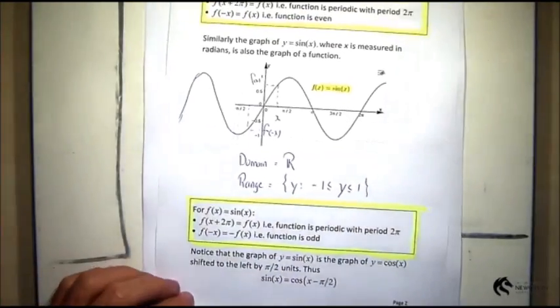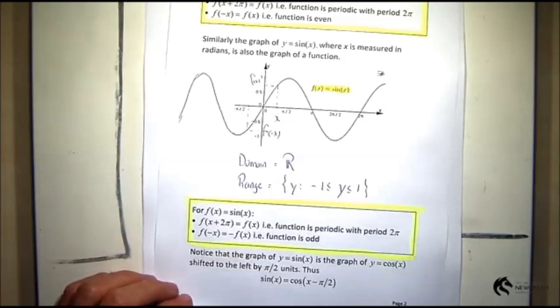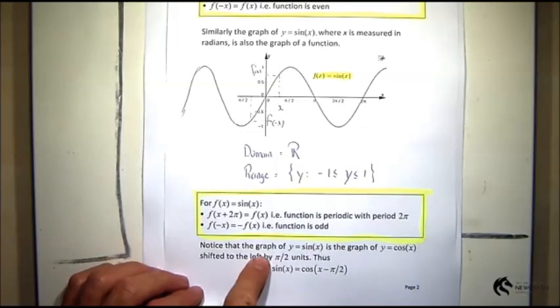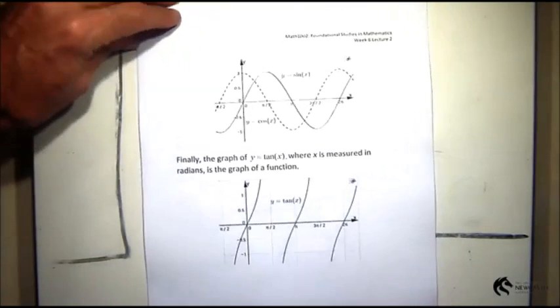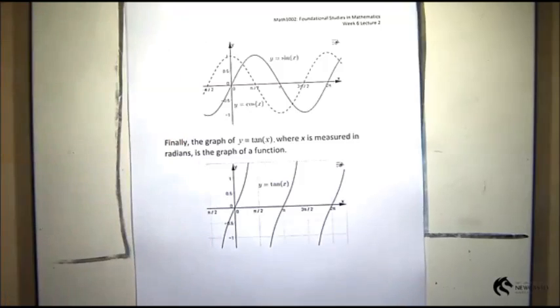Now, if I can, just let me jump over the page and then I'll come back to this statement here. So, over the page, I've drawn the graph of cos x and sin x on the one picture. Here it is.